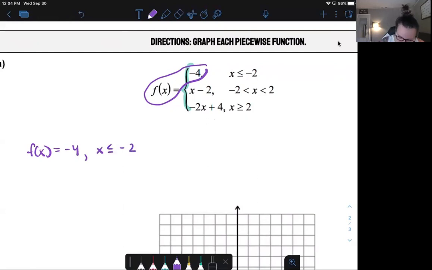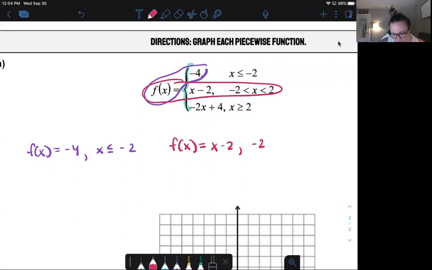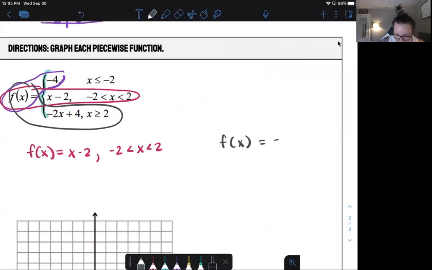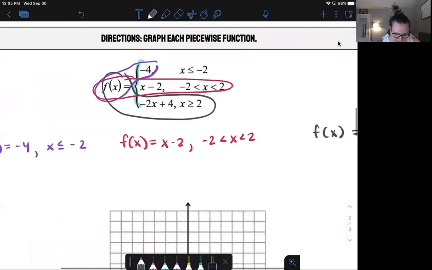The second function is f of x is equal to x minus 2 when x is between -2 and 2. Then our third rule is f of x is equal to -2x plus 4 when x is greater than or equal to 2. So let's go about finding our graphs.